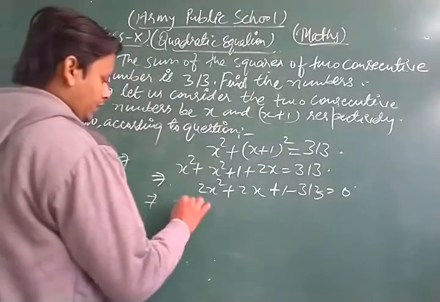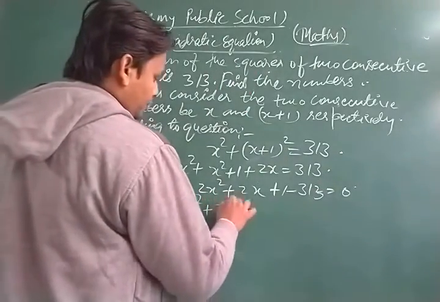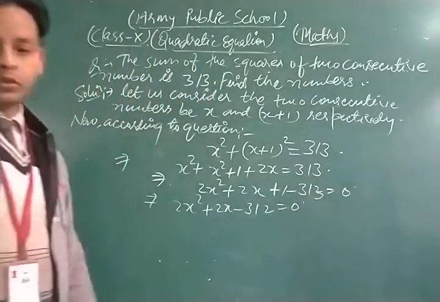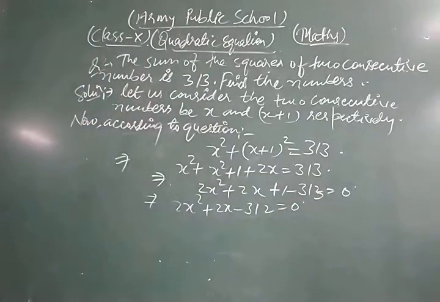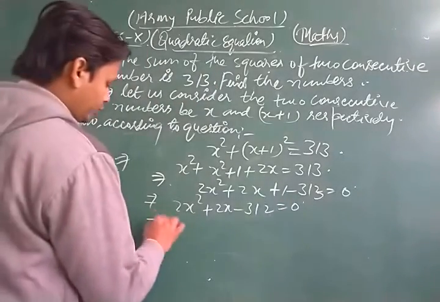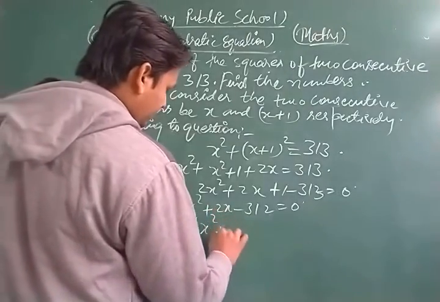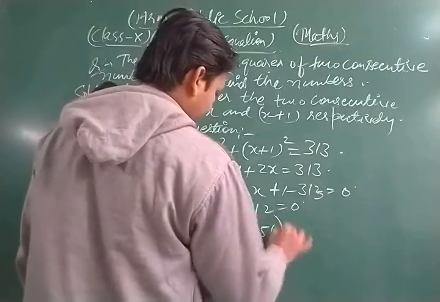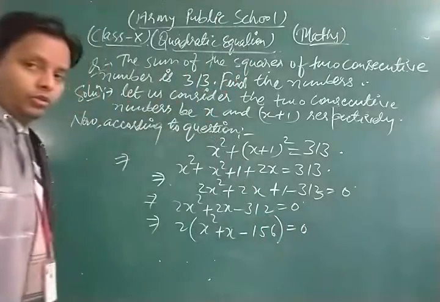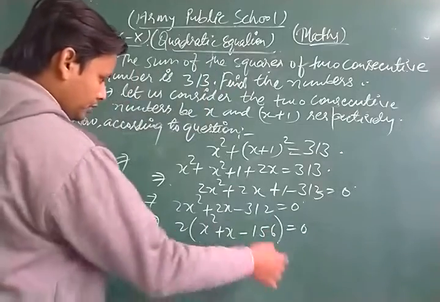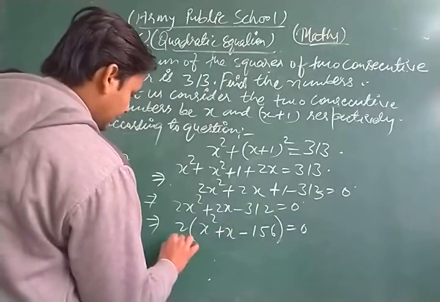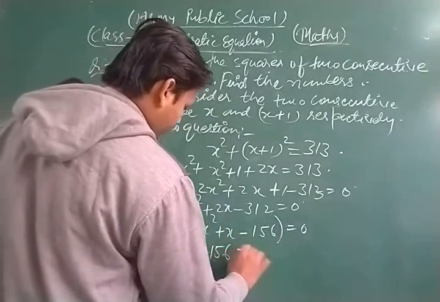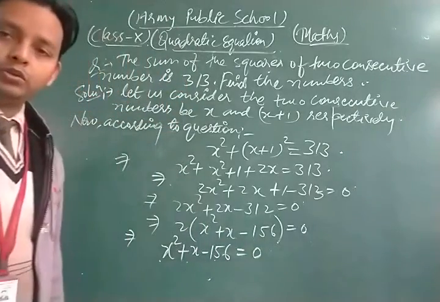Now we have 2x square plus 2x minus 312 is equal to 0. Now we take 2 as common, so we get x square plus x minus 156 is equal to 0.